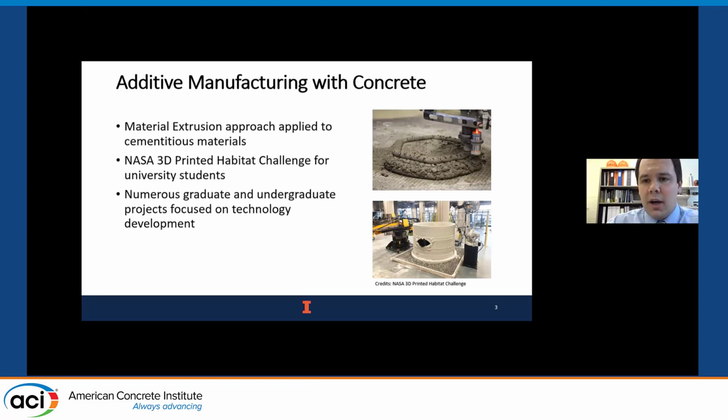And so this was spurred on by interest from government agencies, so NASA. I saw some people from the Army Corps, and a lot of us have probably seen the pictures of the printed barracks from the Army Corps.